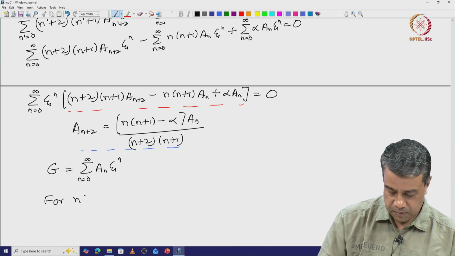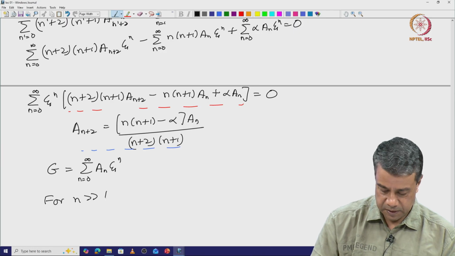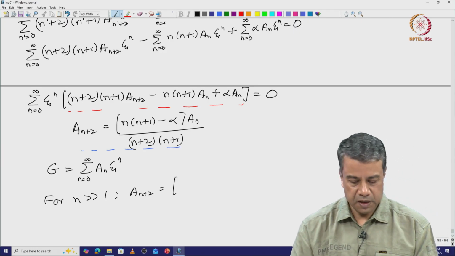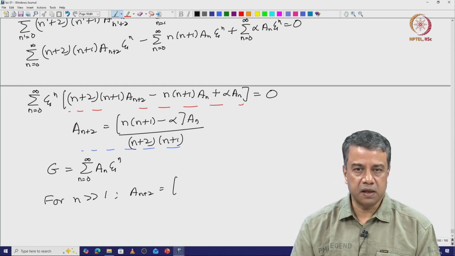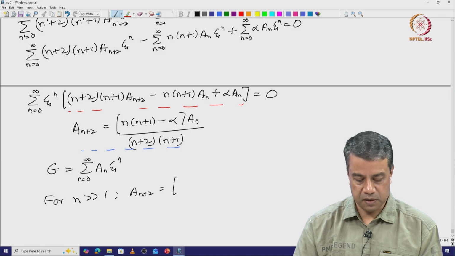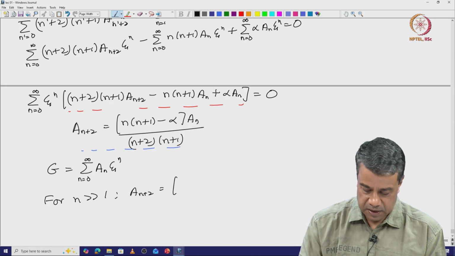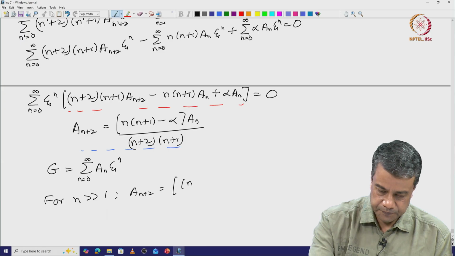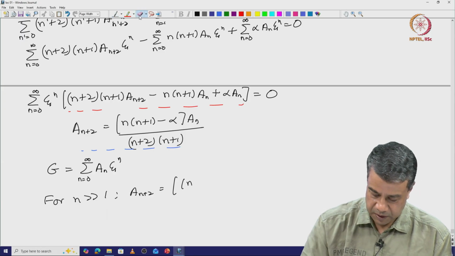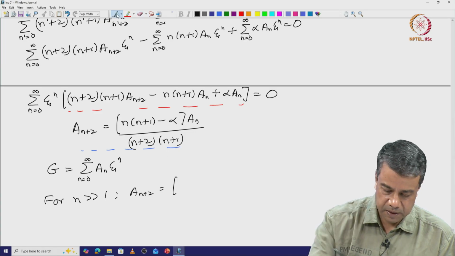For n much larger than 1, a n plus 2 is equal to, I can divide numerator and denominator by n square.